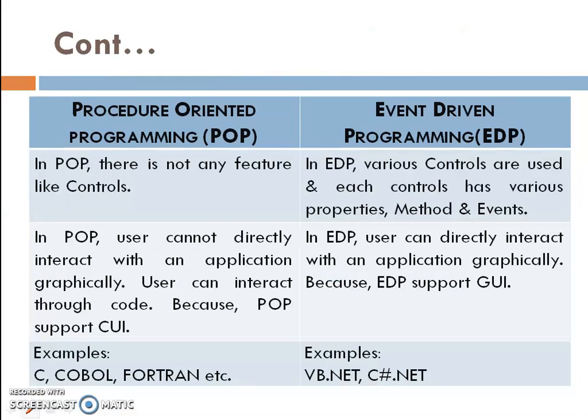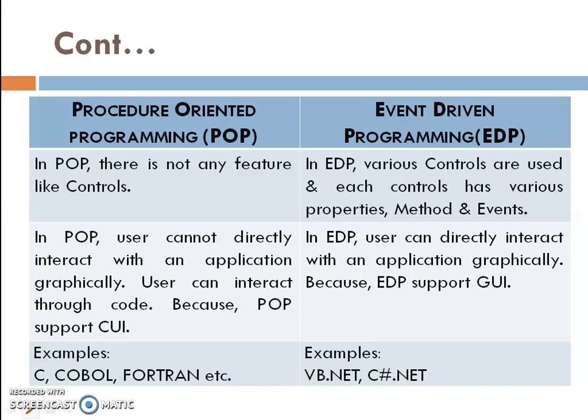Now next point in POP is in POP there is no any features like controls. In EDP various control are used and each control has various property, method and event. Now next point in POP language is in POP user cannot directly interact with an application graphically. User can interact through code because POP supports CUI.